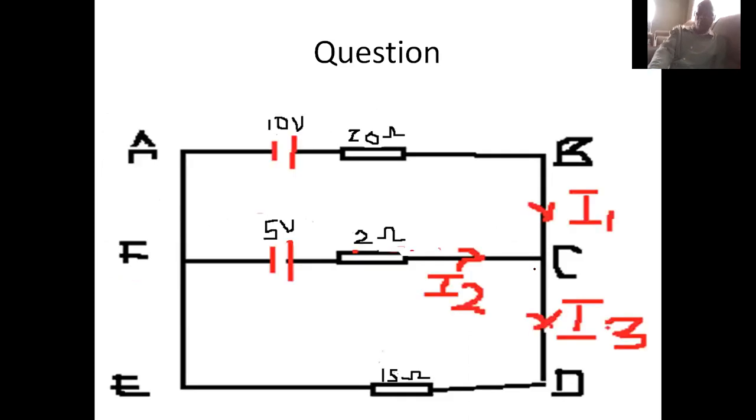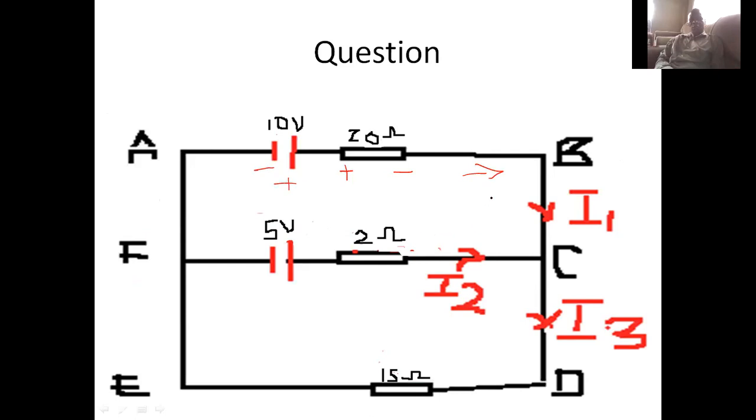Okay, and so this is basically the same question that we are looking at. When you look at this one, this will be negative, this will be positive, this will be positive, and then this will be negative because the current is flowing in that direction.